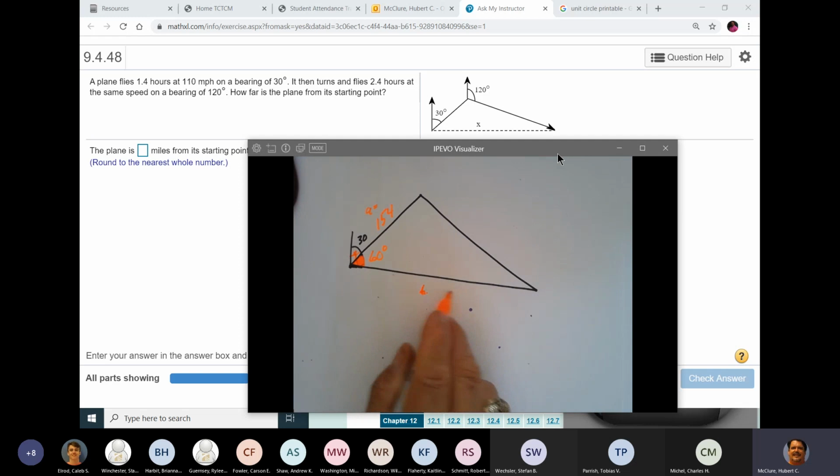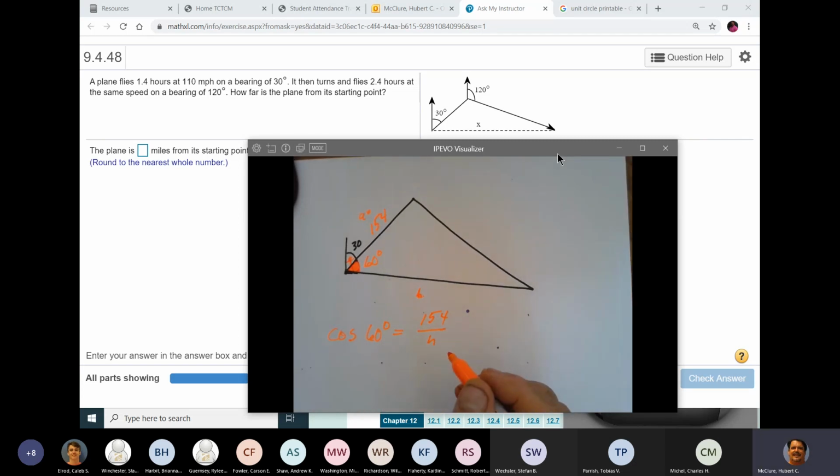They need to know this right here. So call it H, the hypotenuse. So that would be cosine of 60 degrees is equal to 154 over H. So multiply both sides by H. So H is equal to 154 divided by the cosine of 60 degrees.